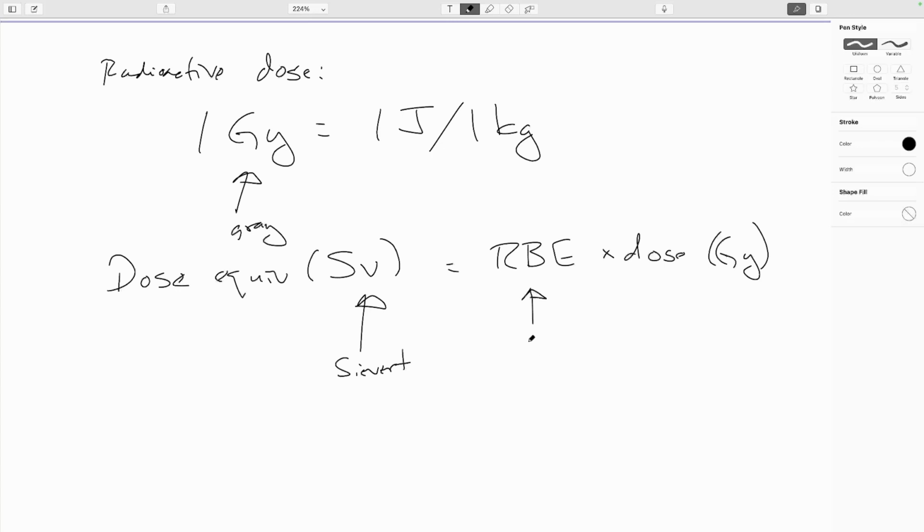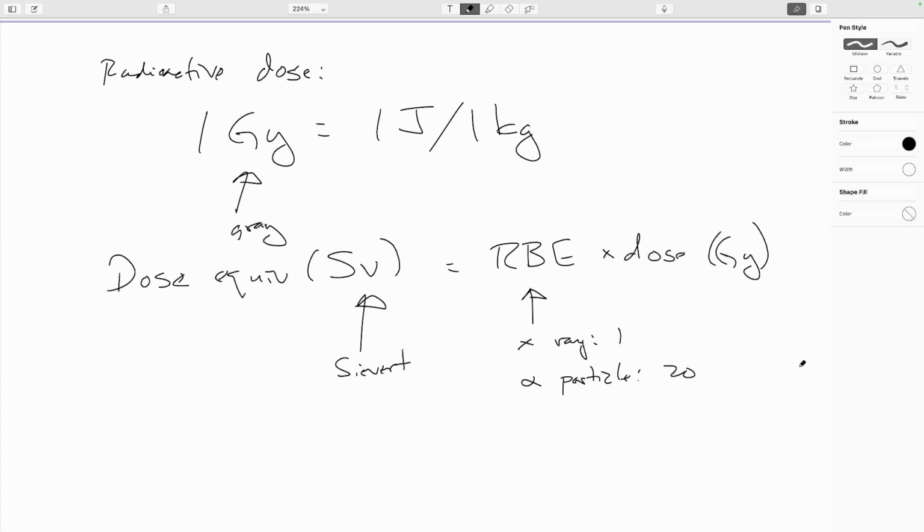For instance, an X-ray would have a value of around 1, but an alpha particle would have an RBE of about 20.